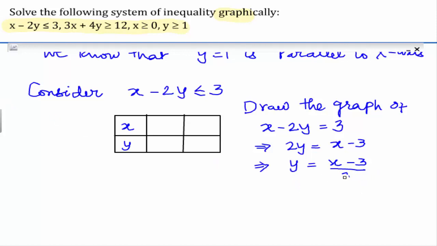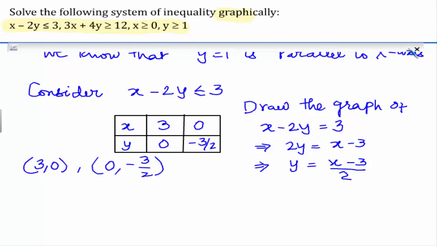It should be 2 here. Now let us select the values for x. If x is equal to 3, then y will be 0. If x is equal to 0, then y will be minus 3 by 2. This is minus 1.5. So the ordered pairs will be 3, 0 and 0, minus 3 by 2.